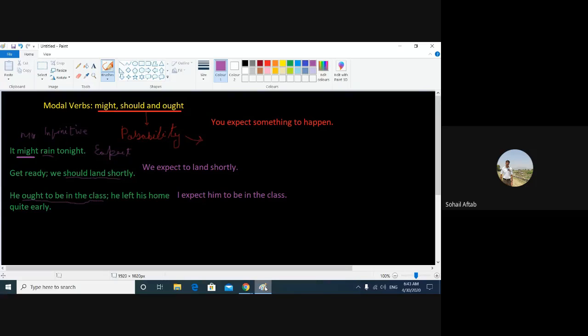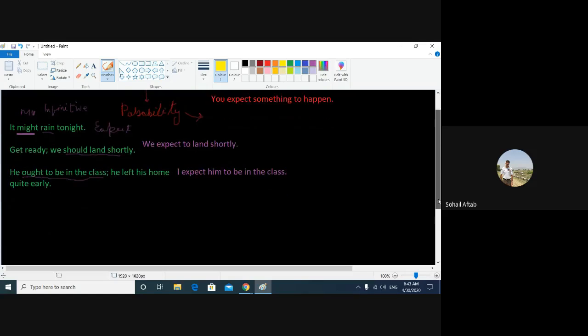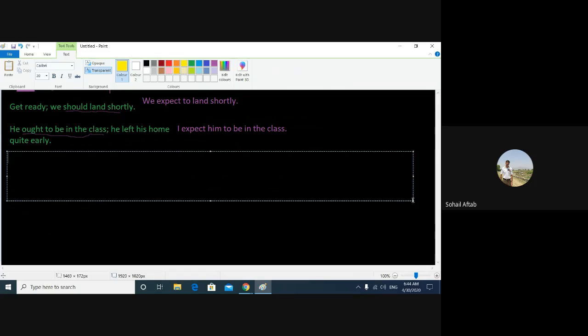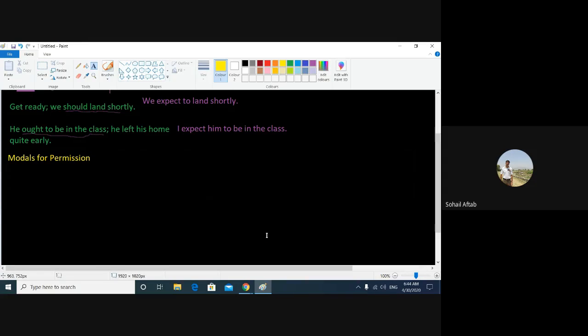We are done with probability and now we will see modals for permission. Okay? Modals for permission. And then we have three modals at least. We have can, could, and may.